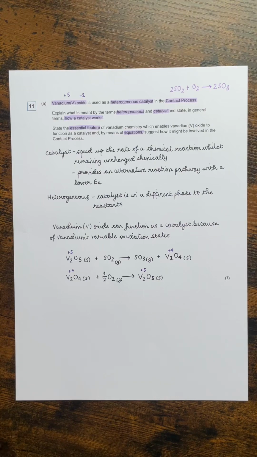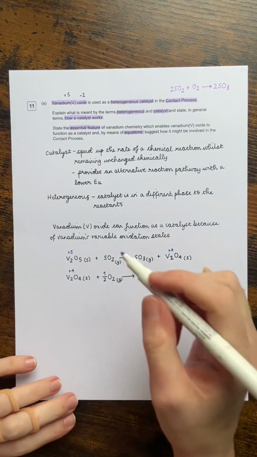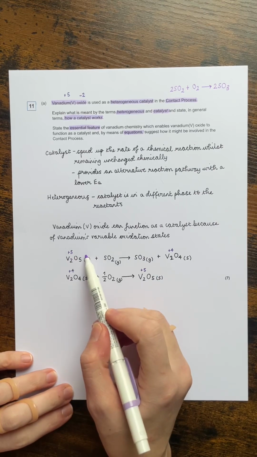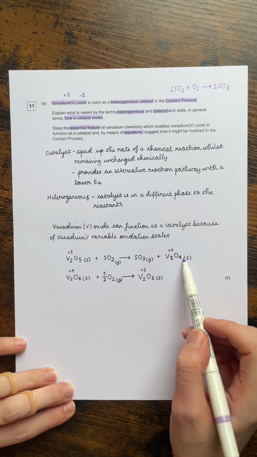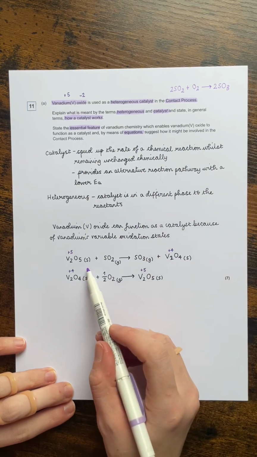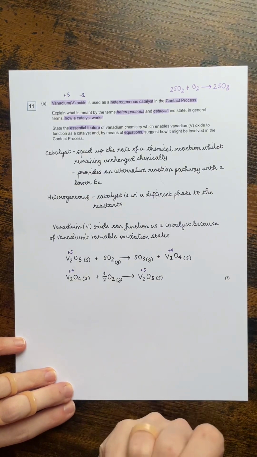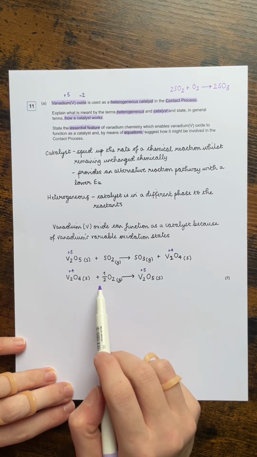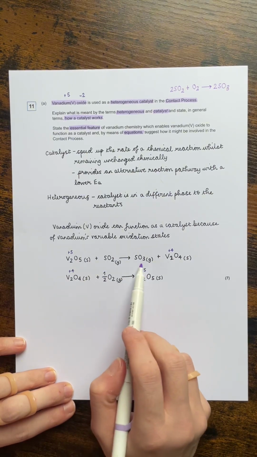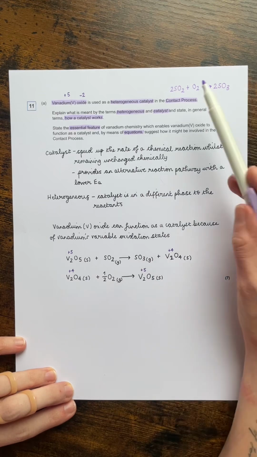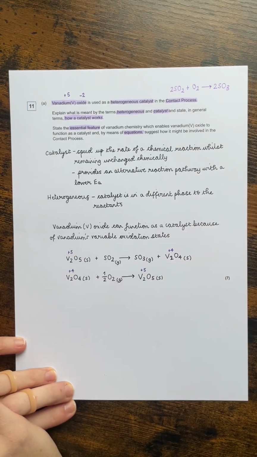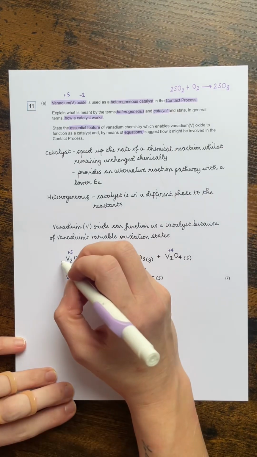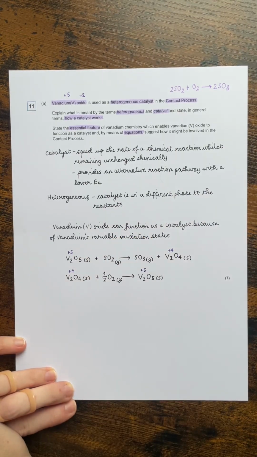And if I was then to join those together to show the overall equation, I would be looking to cancel the V2O5 on both sides because it's going to appear on the left and the right. And then the V2O4 intermediate is also going to appear on both sides, leaving me with SO2 plus a half O2 makes SO3. And then we could write that alternatively as 2 SO2 plus O2 makes 2 SO3. So these will have to cancel.